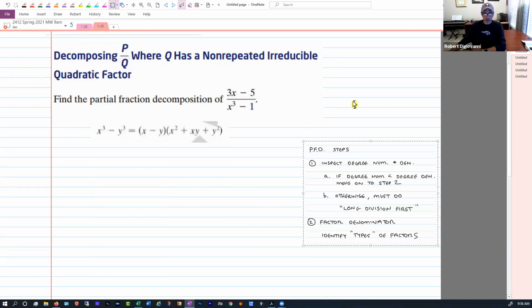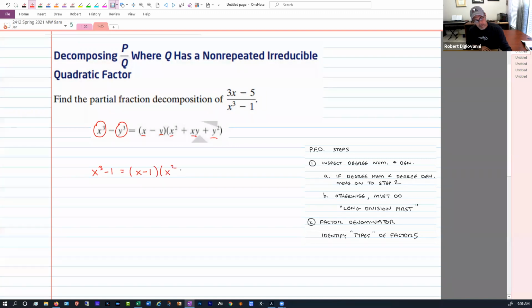Okay, I know that's kind of blurry, but it's saying that if we have something cubed minus something else cubed, it factors to be this. All right. So for us here, we have an x being cubed and a 1 being cubed and then subtracted. So this should turn into x minus 1 and then x squared plus x plus 1.